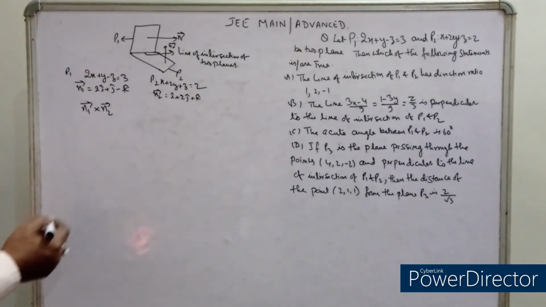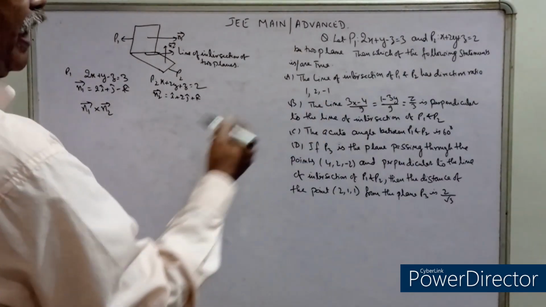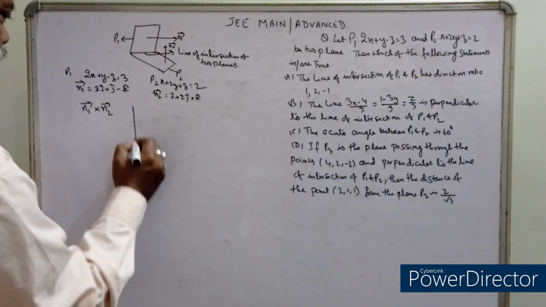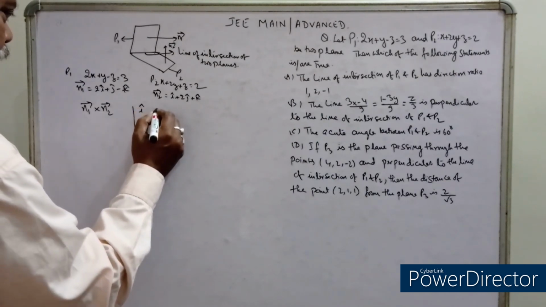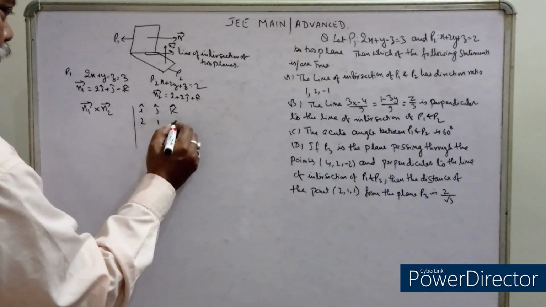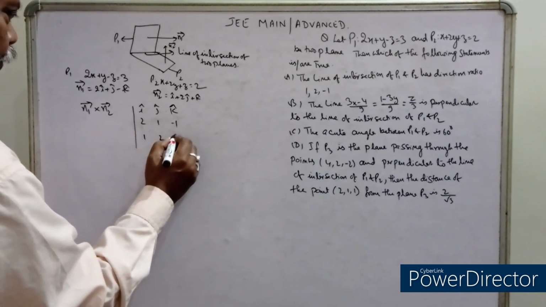When this is parallel to the line, I can find the direction ratios. So let me do n1 cross n2. What is the result? i cap, j cap, k cap, 2, 1, minus 1, 1, 2, 1.